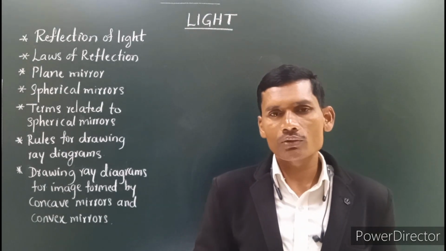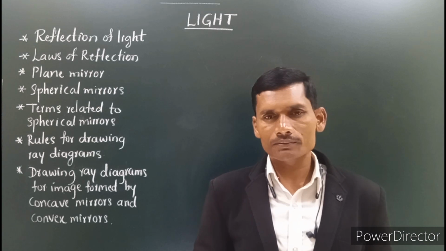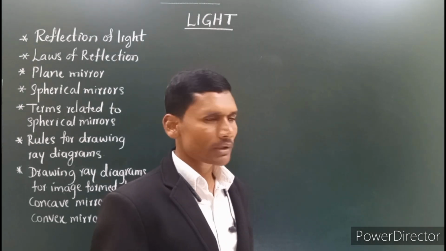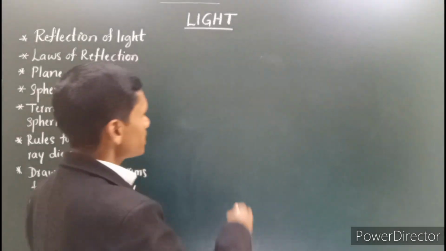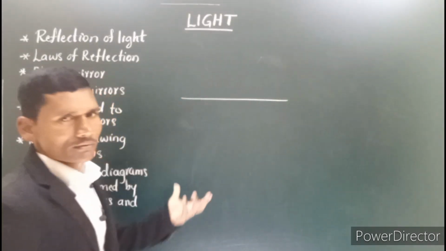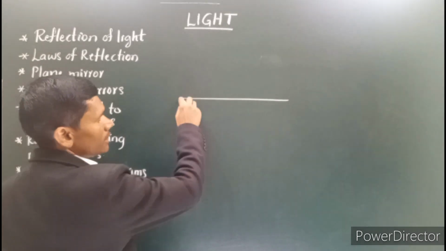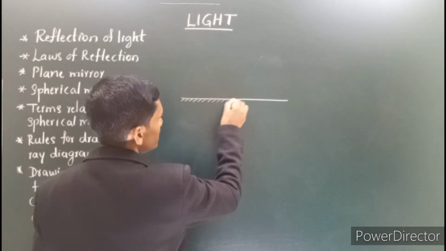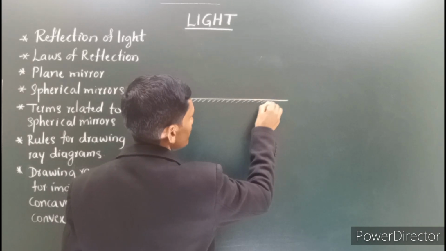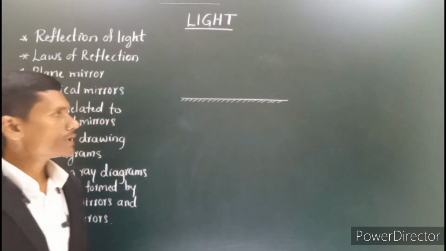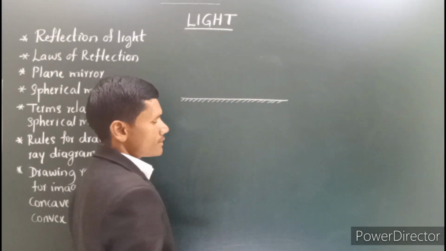First we need to understand what is reflection of light. As you already studied in the previous class, let us try to redefine that once again. What is reflection? Now, this is a line. The lines down here denote a rough surface and this upper line denotes a polished surface.